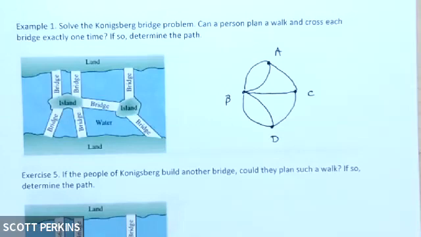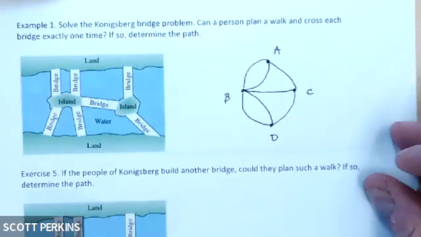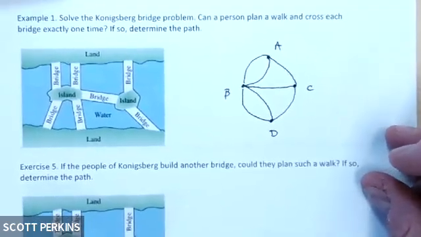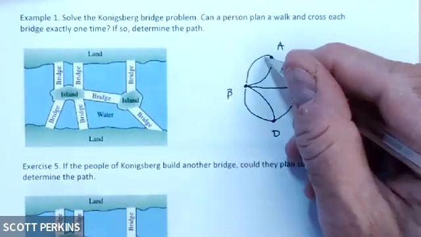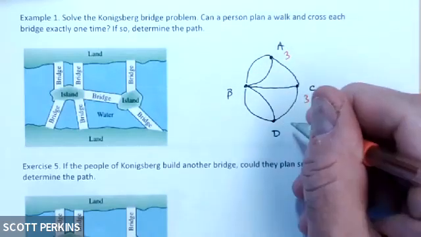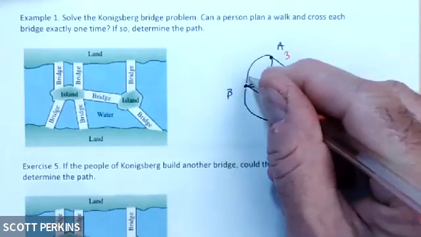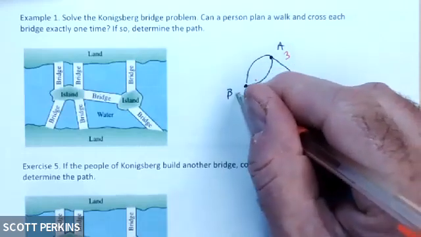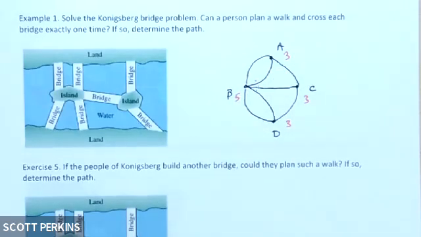So now if you're Leonhard Euler and you invented a whole branch of mathematics to solve this problem, which is pretty amazing to me. So here we go. A has 3, C has 3, D has 3, and B has 5. And so the question: can a person plan a walk and cross each bridge exactly one time?